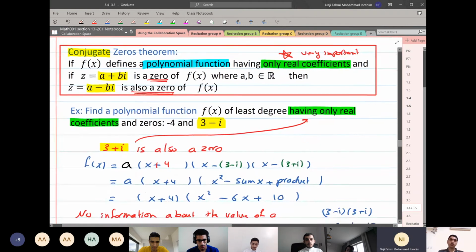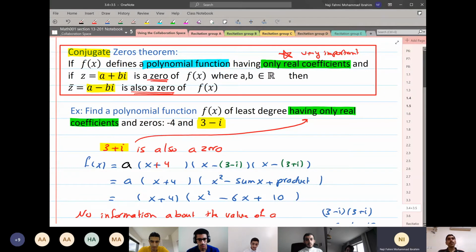We said if one of the zeros is complex, automatically the conjugate of that zero is also a zero. If we have a complex zero, its conjugate is also a zero. And of course, this is only true for real coefficients. What does that mean? That the complex zeros come in pairs.